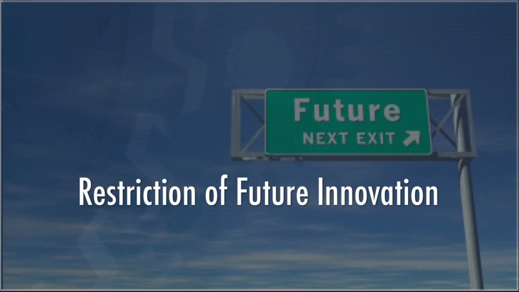And one question is, how do patents restrict future innovation? Well, what they do, in theory at least, is by granting a right to a patentee, that patentee can then determine how that invention gets used, including the use of that invention in new and unusual ways, which could restrict innovation.